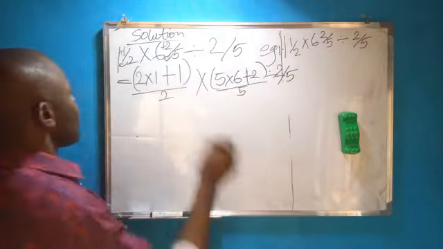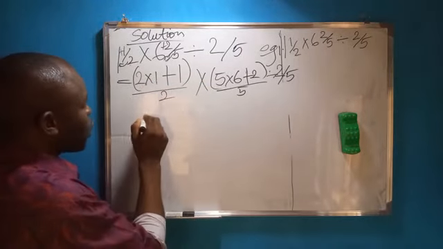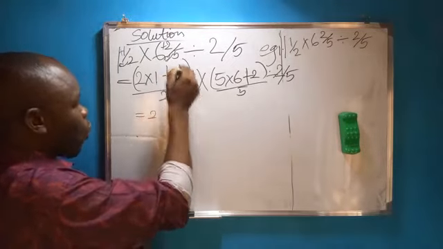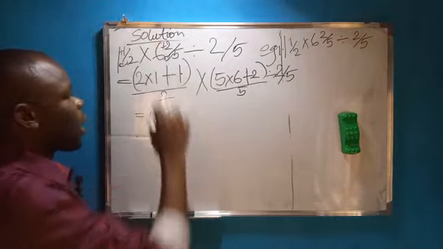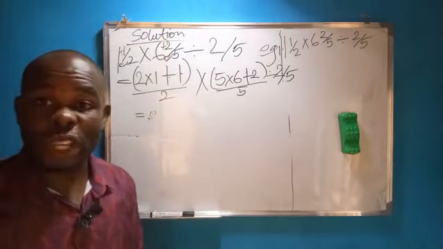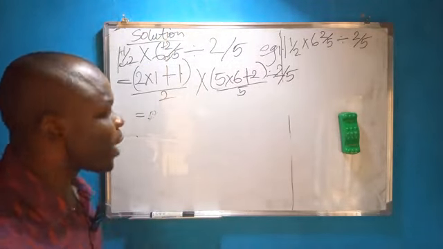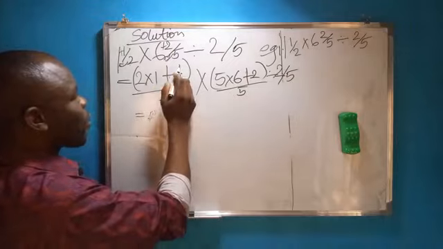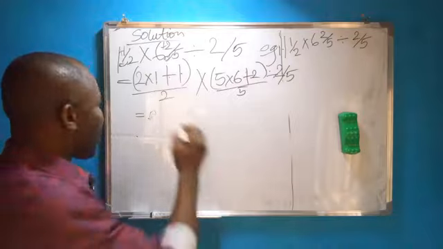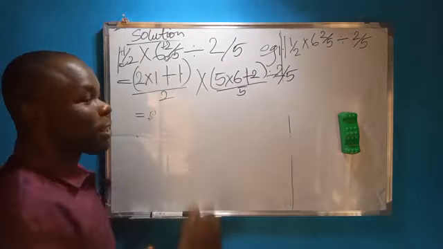Now watch. Then you have 2 times 1, which will give you 2, then plus 1, which will give you 3. But if you are to consider 1 plus 1, it is going to give you 2, and when you say 2 times 2, it is going to give you 4.